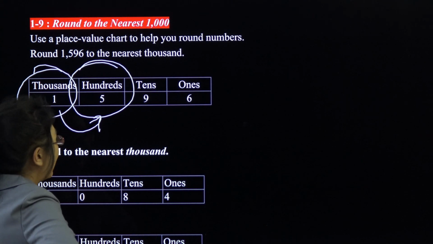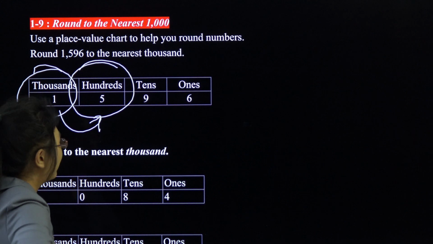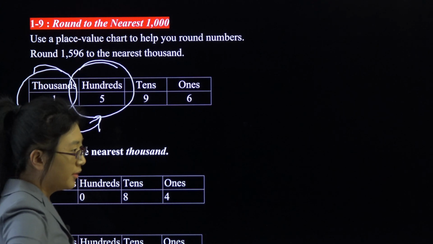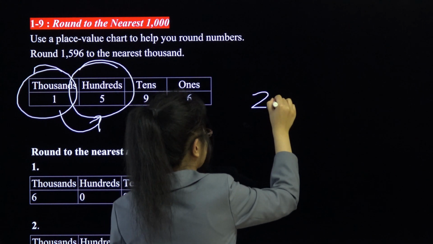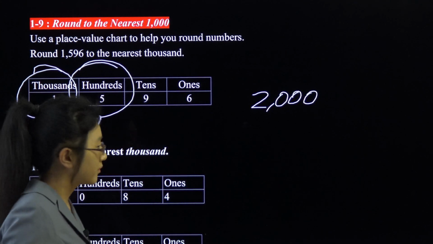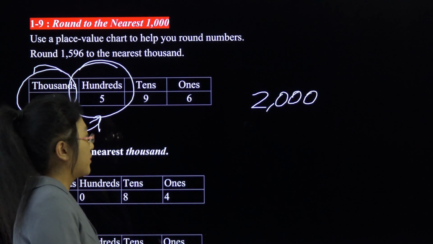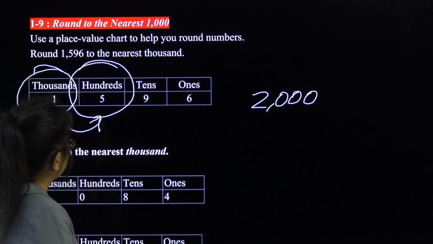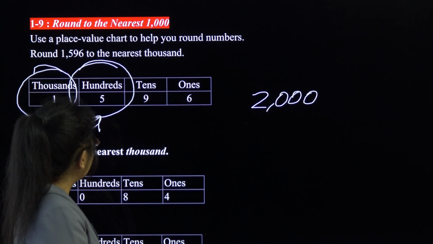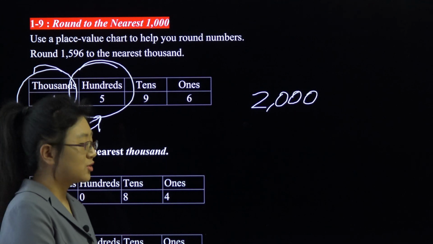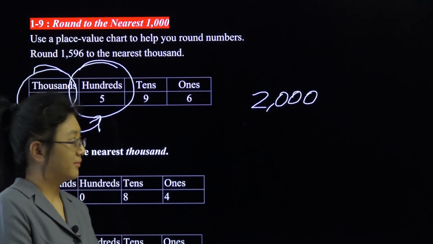Now that would mean that 1,596 rounds up to 2,000. If you think about it, this number is closer to 2,000 than it is to 1,000. It's 596 away from 1,000, but it's only 404 away from 2,000.